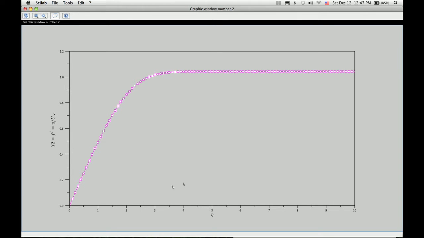Now, what is interesting is eta. How do we write eta? Eta is a function of both x and y. Remember, it is y under root of u infinity by 2 nu x, right? Now, if eta is equal to 5, what does that mean? Take a certain value of x.